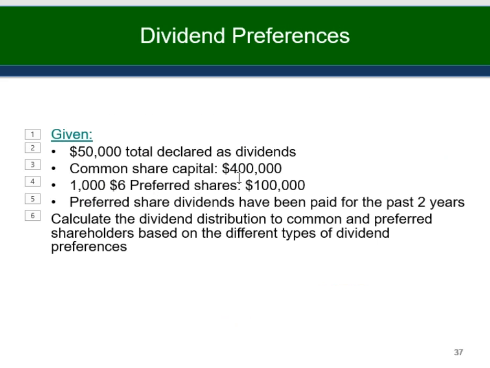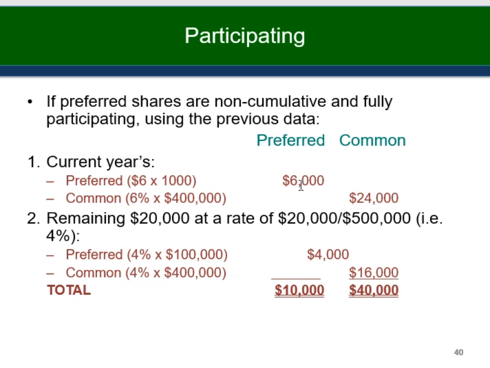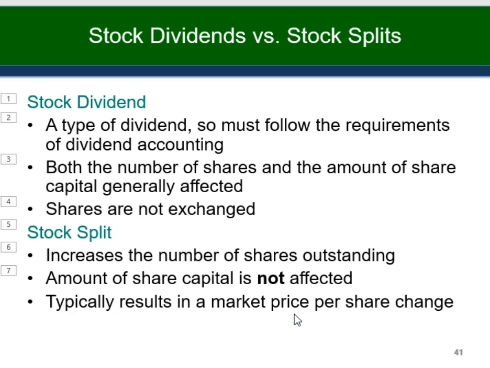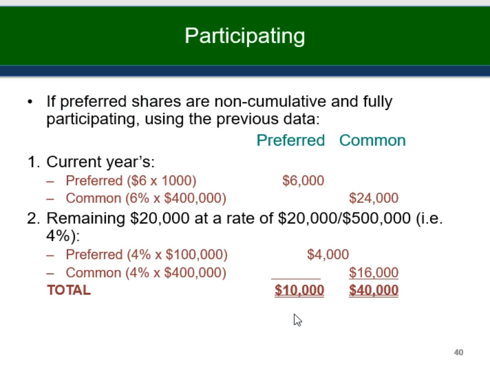Common share capital is $400,000. Preferred shares, $100,000. So that's the proportion to which they participate in income above the equal distribution of dividends represented in the 6% preferred share dividend amount. So in this case, 4% times 100,000, 4,000 of the dividends go to the preferred, 4% times 400,000, 16,000 goes to the common shareholders. And then all of the 50,000 is paid out.